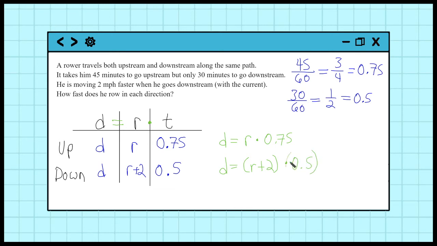I'm going to put these in parentheses because that makes it easier to see where my decimals are, so I'm not getting them mixed up with my times signs. Now, we need to figure out what R value makes both of these equations come out the same distance. Because again, you're going upstream and then you come downstream the same distance. So we're going to set the two distances equal to one another.